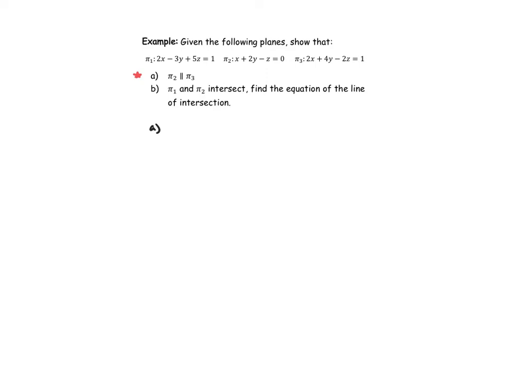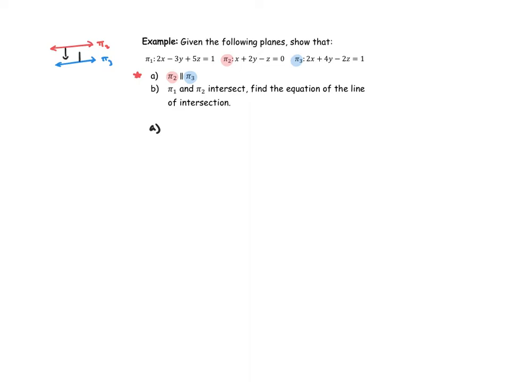Okay, so we talked about what it means for two planes to be parallel, right? So here's pi 2. I want pi 2 to be parallel to pi 3. Okay, when we sketched out two planes, with their profile view, pi 2 and pi 3, what did we say about their normals?